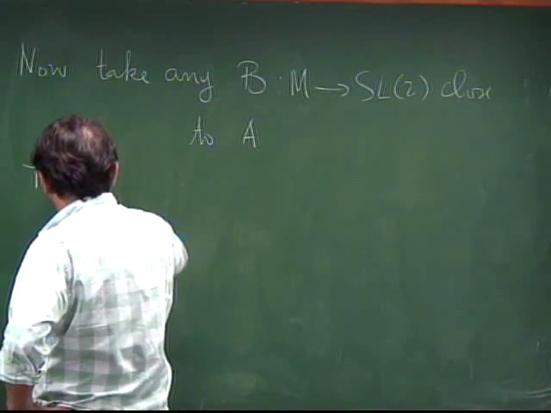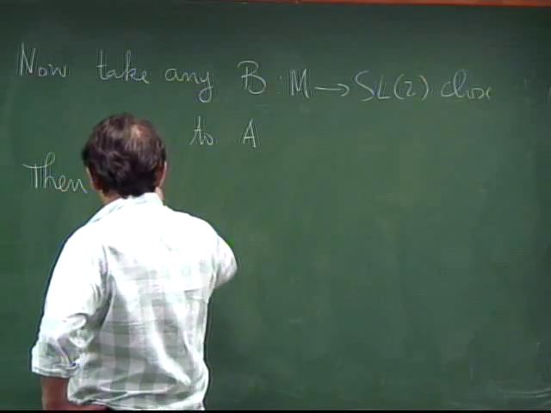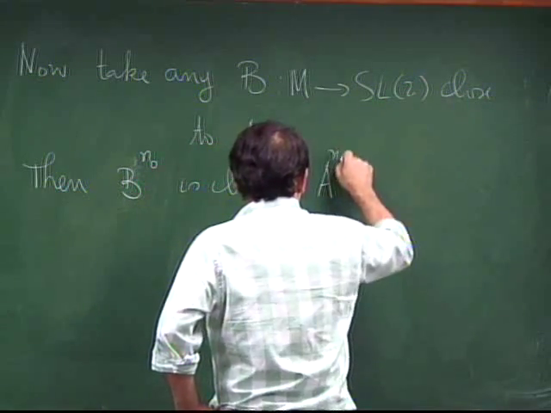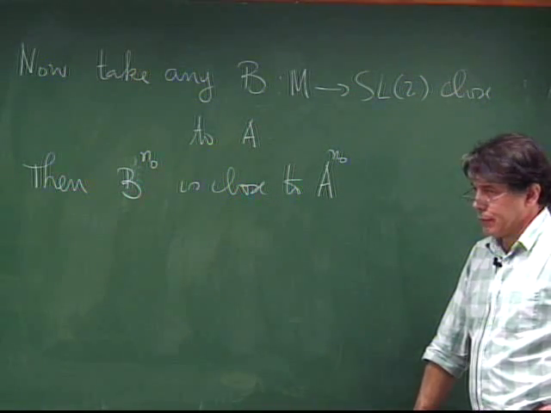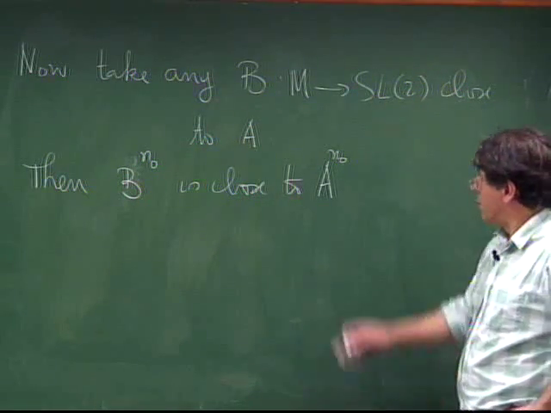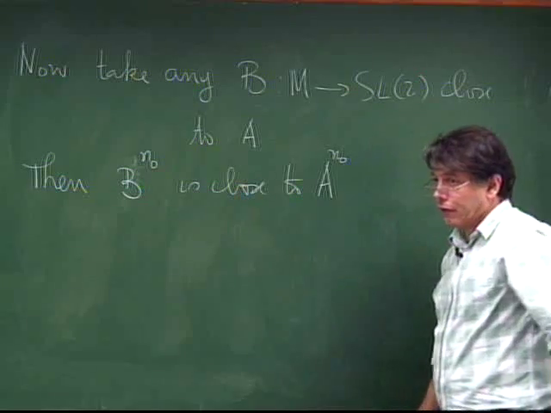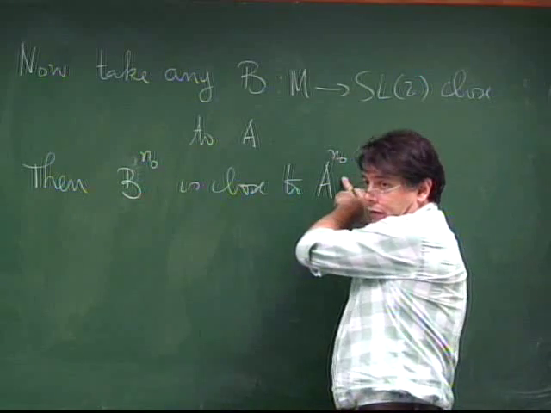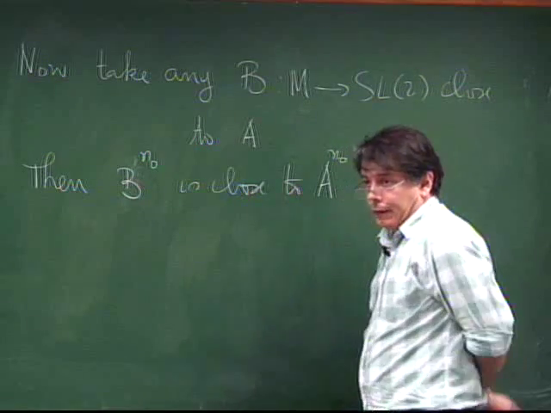Then the n-zeroth iterate of B is close to the n-zeroth iterate of A. When I say close, as close as I like. If I make B very, very close to A, then the 17th iterate of B is close to the 17th iterate of A. I cannot say that all iterates of B are close to all iterates of A, because that's an infinite number of iterates. But if it's one fixed iterate, then I can say it.